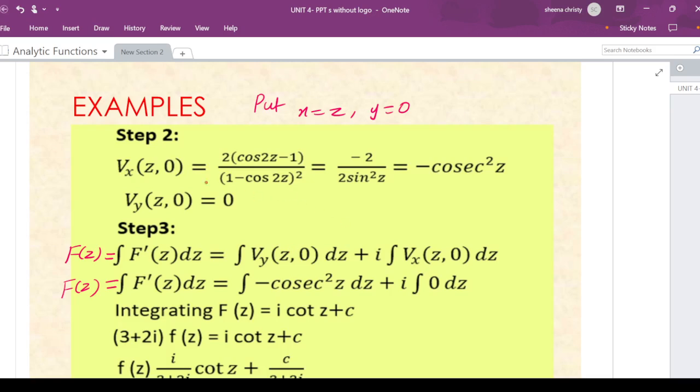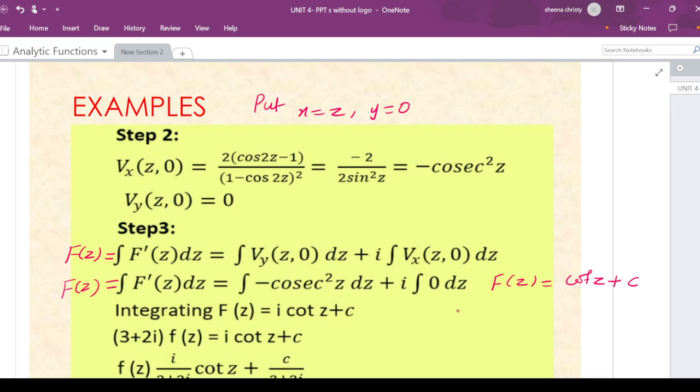So substituting Vx of z comma 0 equal to minus cosecant square z, plus i times integral of 0 into z. So what is the integral of minus cosecant square z? Integral of minus cosecant square z is going to be cot z. So you are having f of z equal to cot z plus, let us take the integral constant c. We know that capital F of z equal to cot z.